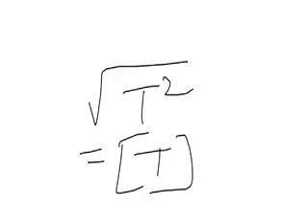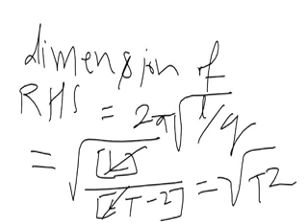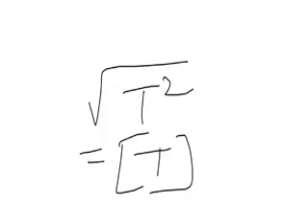You are seeing that the LHS dimension is also T here, right? Yes, sir. And the dimension of RHS, that is 2 pi root under L by G, is T. So both sides have the same dimension.